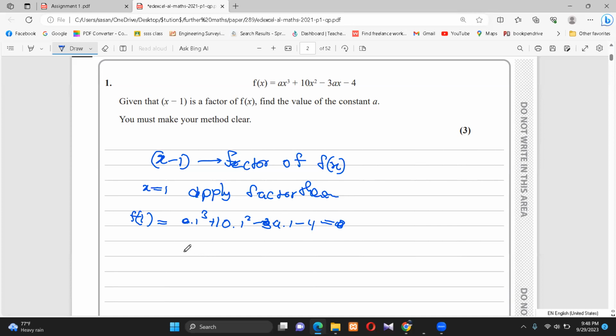So 10 and minus 4 give 6, and minus 3a plus a, taken to the other side, gives 6 equals 2a, which means a equals 3. a equals 3.